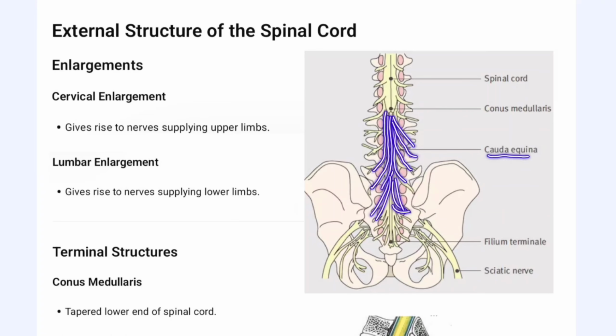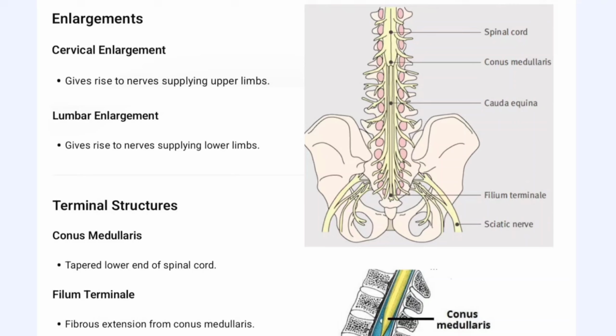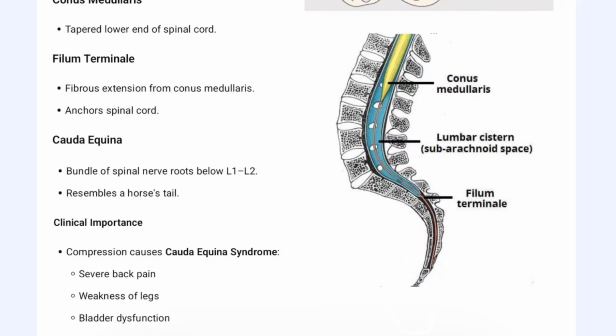So this is the cauda equina, and at the end here you can see this is the filum terminale, which is the fibrous extension of the conus medullaris. In this photo you will understand it better. This is the conus medullaris and this is the fibrous extension of conus medullaris, which is the filum terminale.